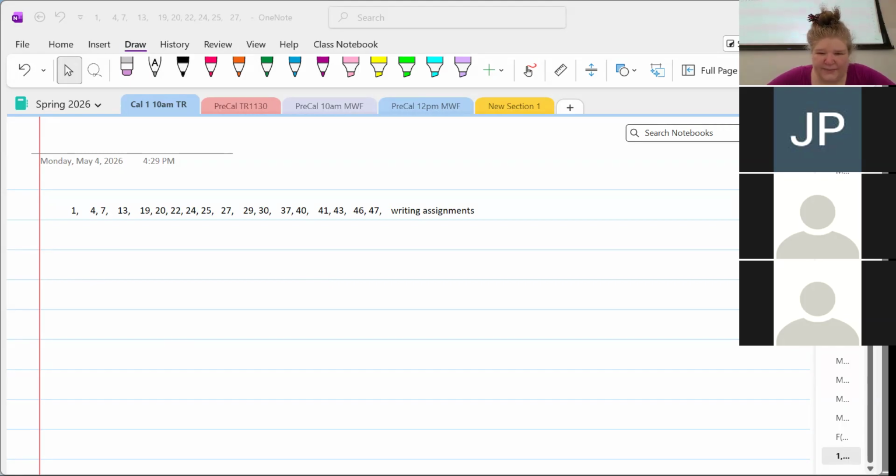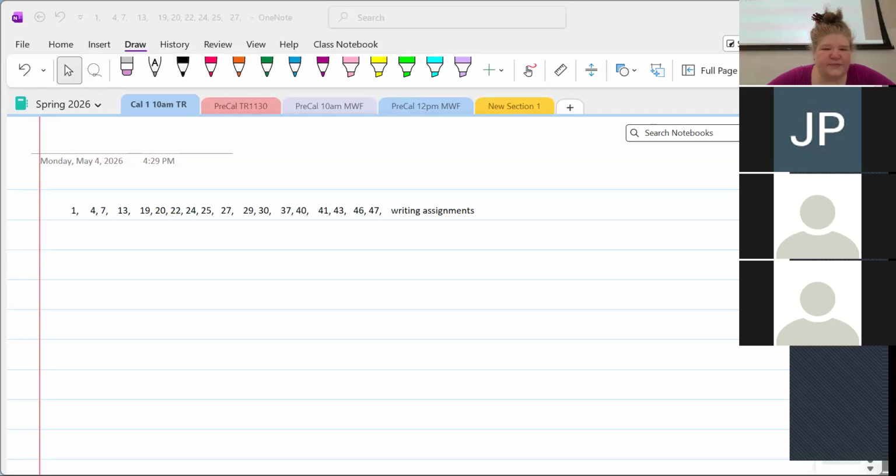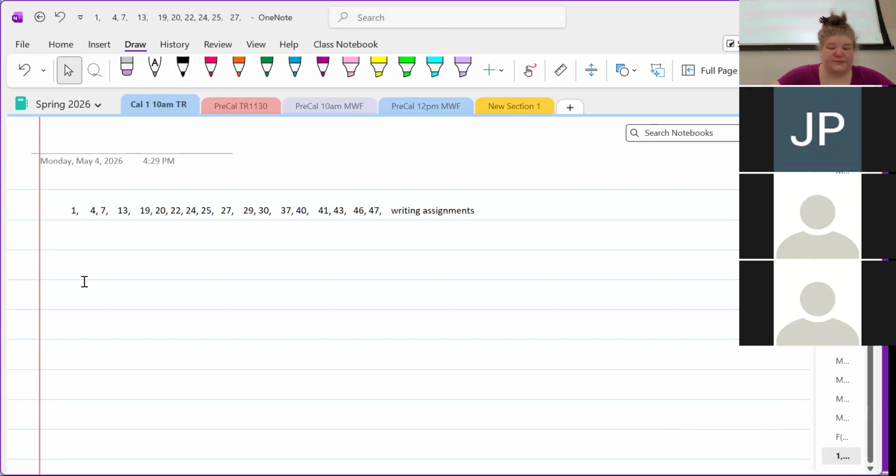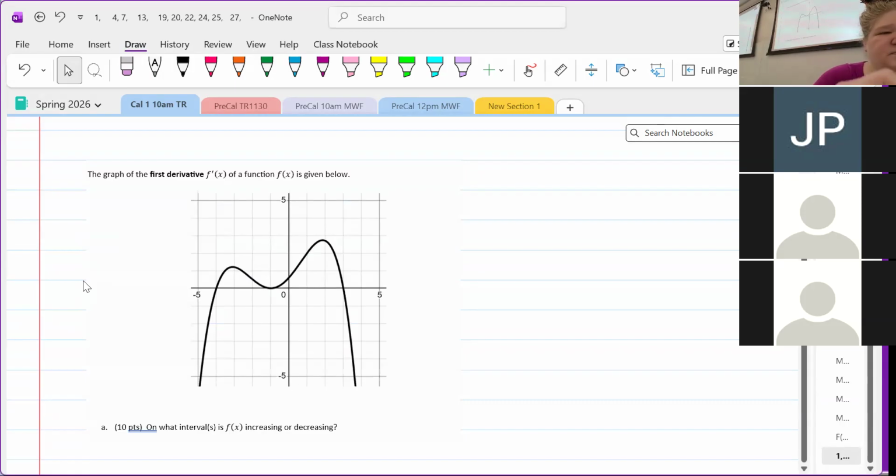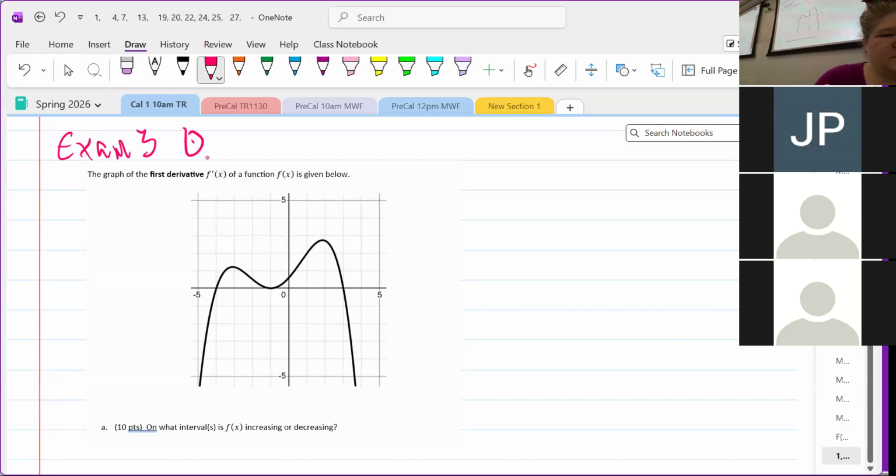All right, hold on, let me pull it up. All right, so this picture is the derivative, not the function.